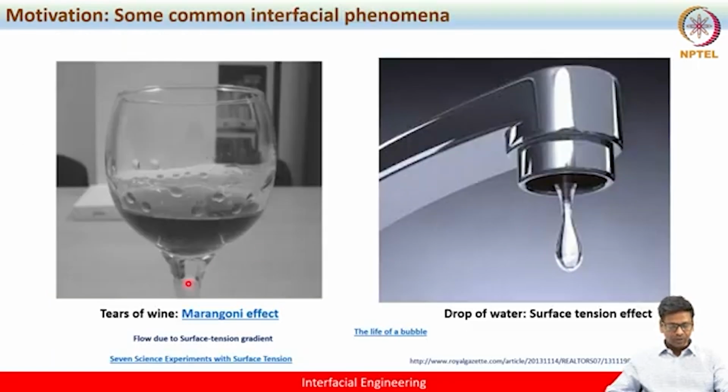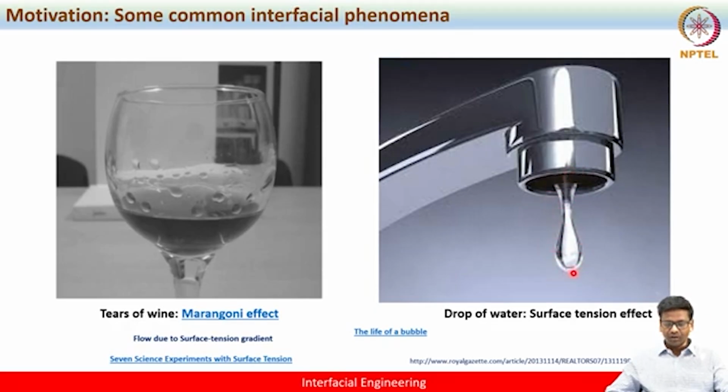One can give, the tears of wine is because of the Marangoni effect. When you stop the flow of water, there is a water drop that doesn't fall easily. It's because of the surface tension effect.